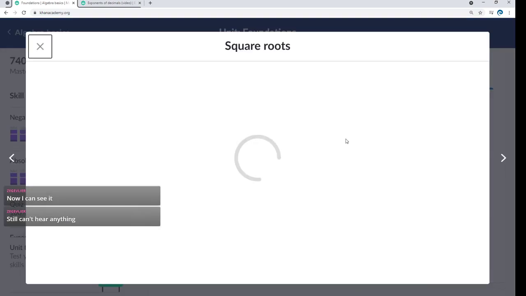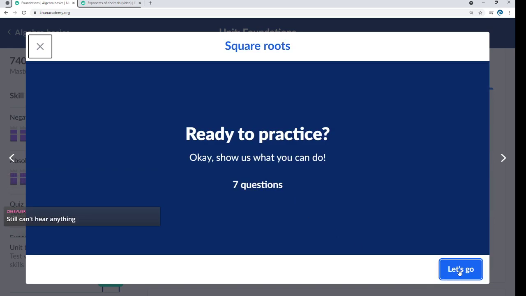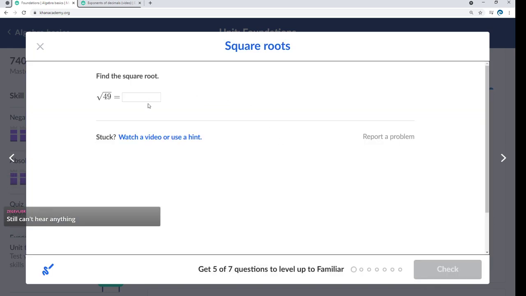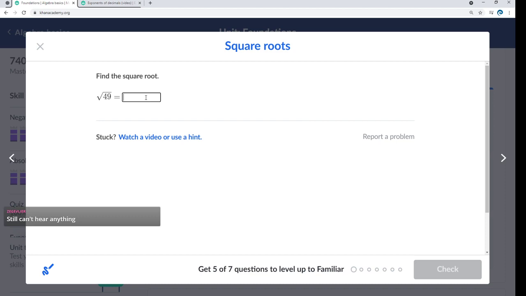All right. Let's get through some square roots. So what is the square root of 49, right? It's something times itself is equal to 49. How am I supposed to just figure that out? Zeg, help me!